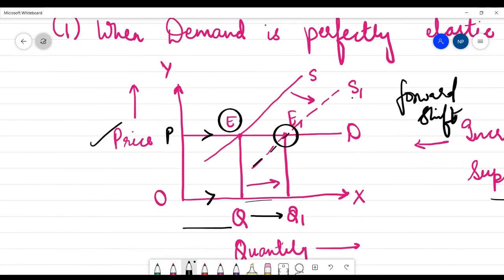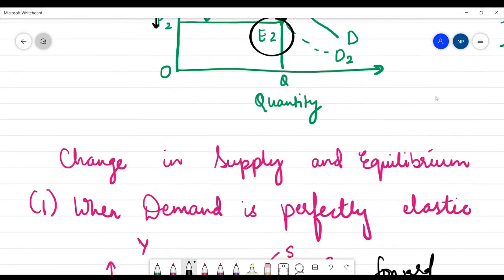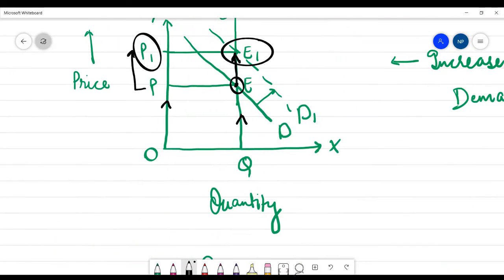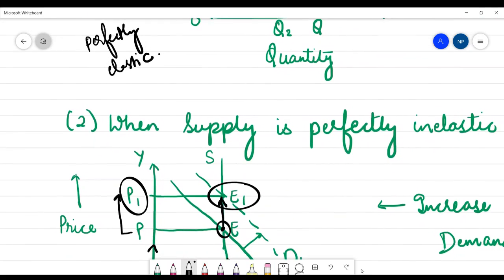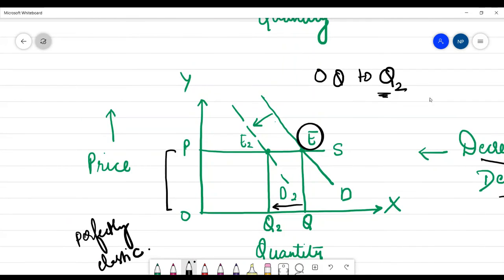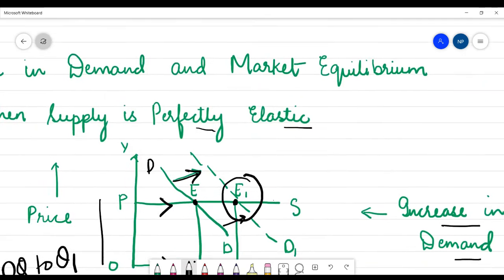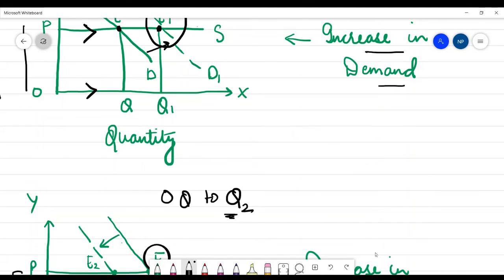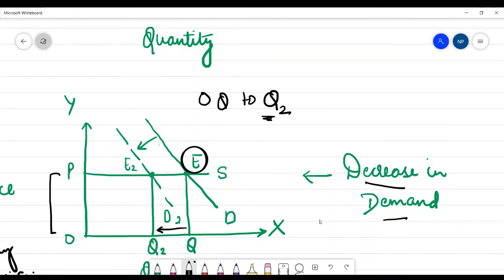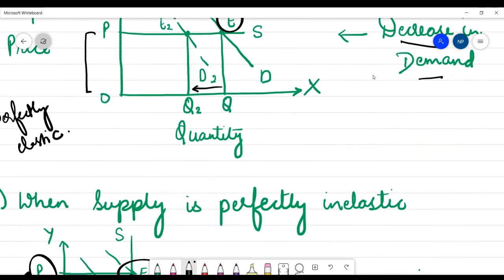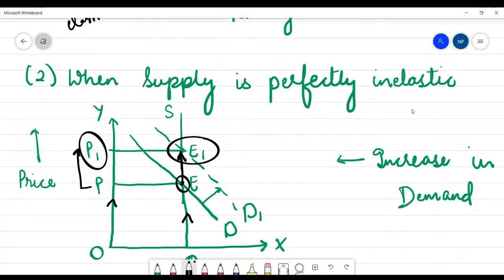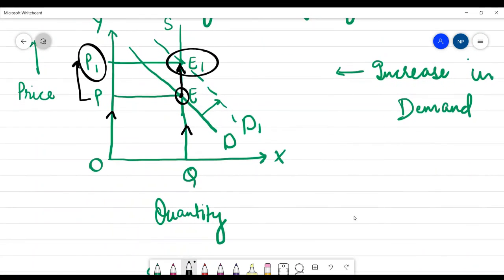The first case that you have seen, about change in demand, is when demand is perfectly elastic: we have seen increase in demand and decrease in demand. When demand is perfectly inelastic, we again have seen increase and decrease in demand.